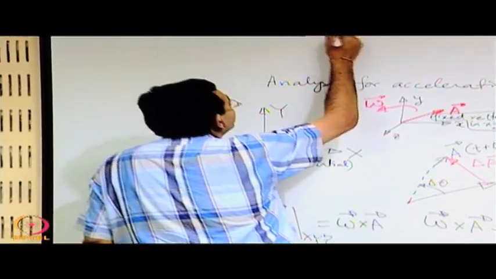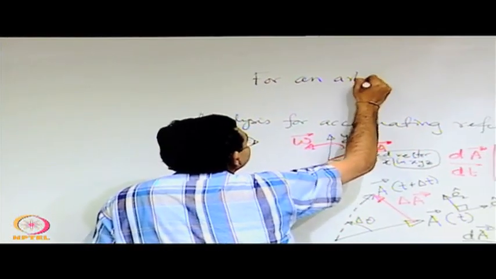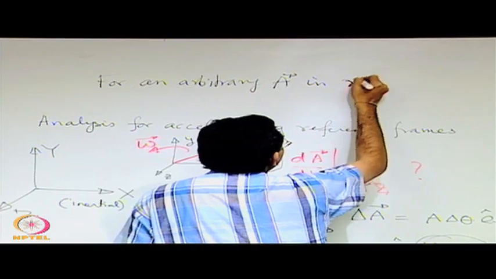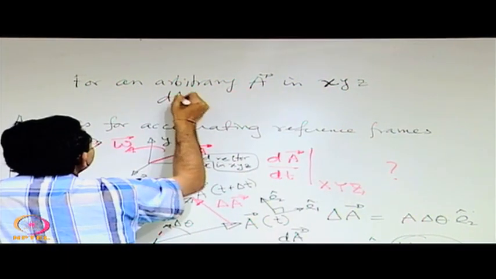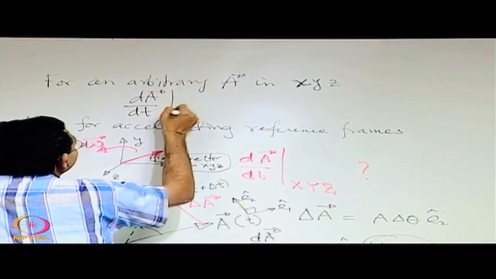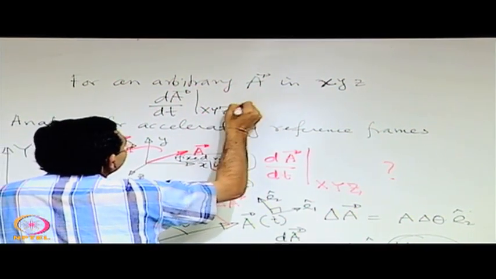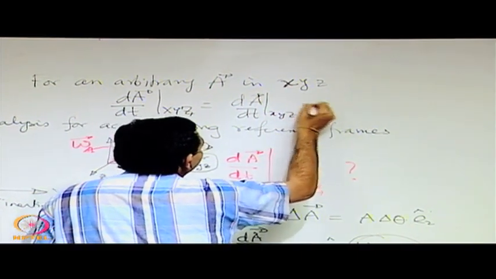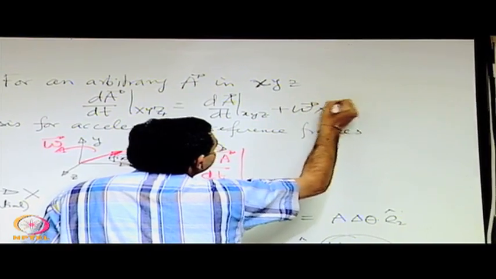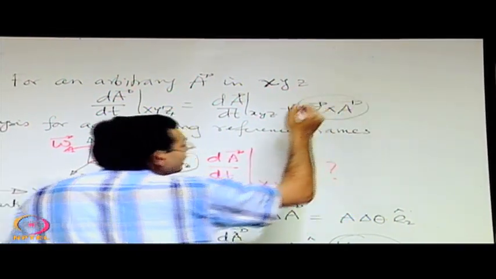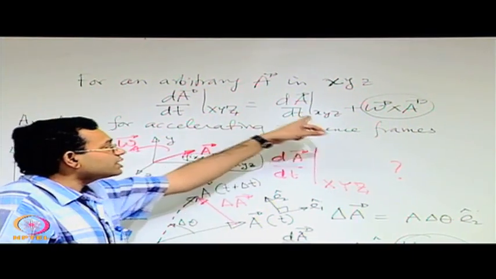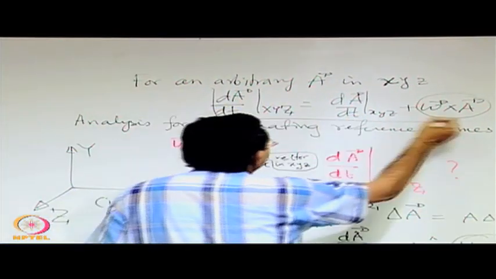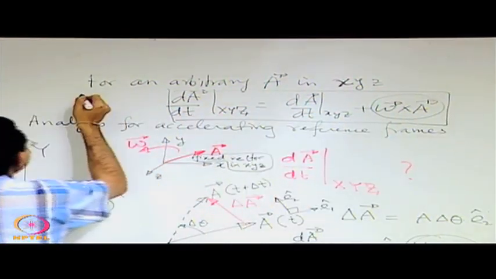So, in general, for an arbitrary vector A in small xyz, you have dA dt in capital XYZ is equal to dA dt in small xyz plus omega cross A. So, this change is felt even if A is fixed, but if A is moving relative to small xyz, this is an additional change. So, that is the total change, and you know from your earlier studies that this is known as Chasles' theorem.